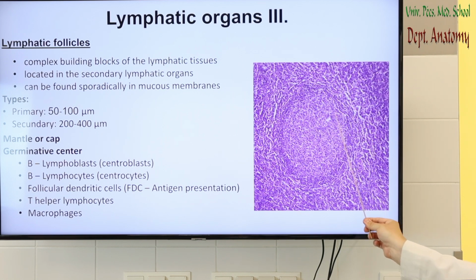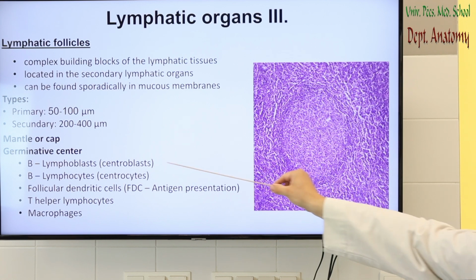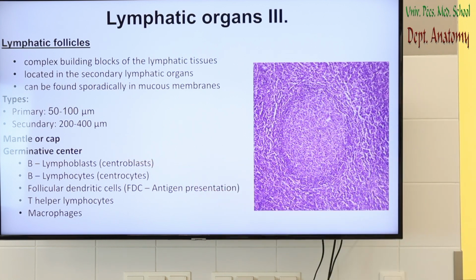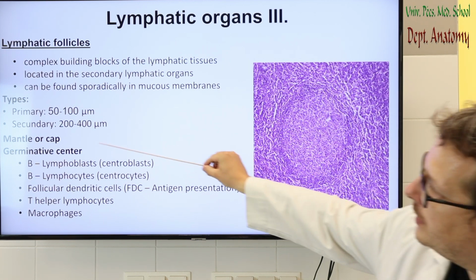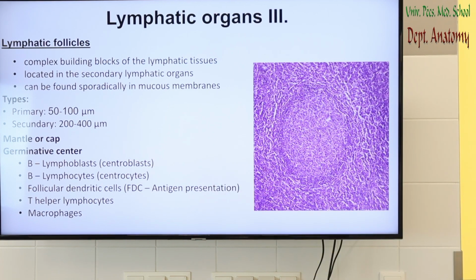You can see that the center is lighter in color, right here. This is what we call the germinative center. Basically, the antigen-exposed B lymphocytes will activate and become centroblasts, and they multiply and push the other original cells of the primary follicle to the side, and they will become the mantle or the cap of the follicle.